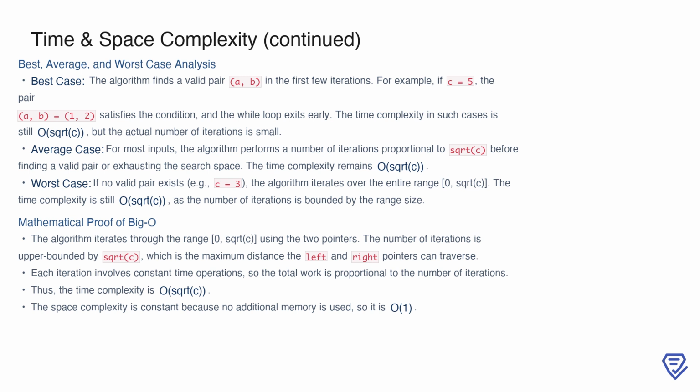Even in this scenario, the time complexity remains O(sqrt(c)), as it is upper bounded by the maximum size of the range. The space complexity remains constant across all cases because the algorithm does not use any additional memory. This makes the solution both time efficient and space efficient, with a time complexity of O(sqrt(c)) and a space complexity of O(1).